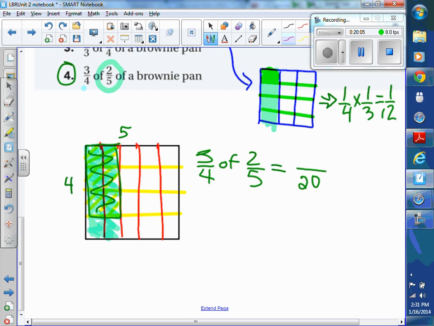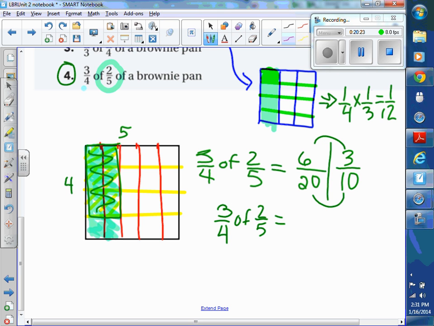Better? So 6 out of 20. So that reduces to 3/10. Okay, so 3/4 of 2/5 is 3/10. And remember, of is a multiply.